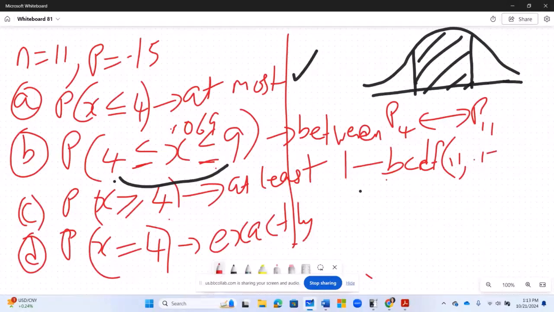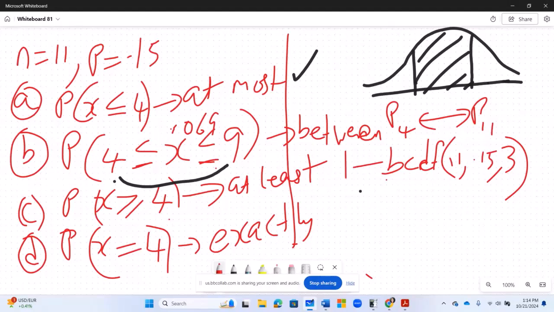Success is 0.15. And what is the number that should be the random variable? It better be 3, because I cannot subtract 4. 4 is included. So I have to subtract a number lower than the integer, lower than 4. So that's why I'm doing complement.